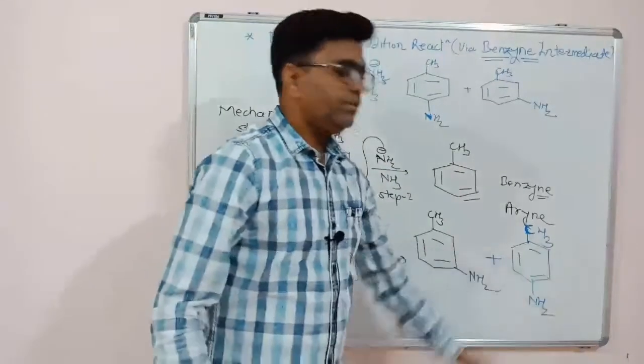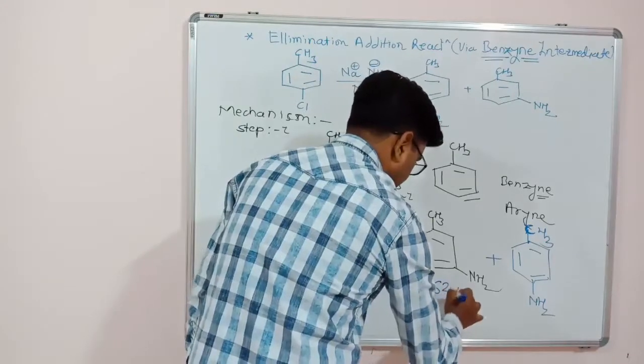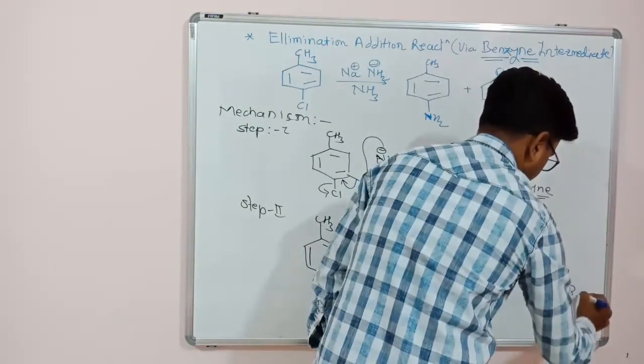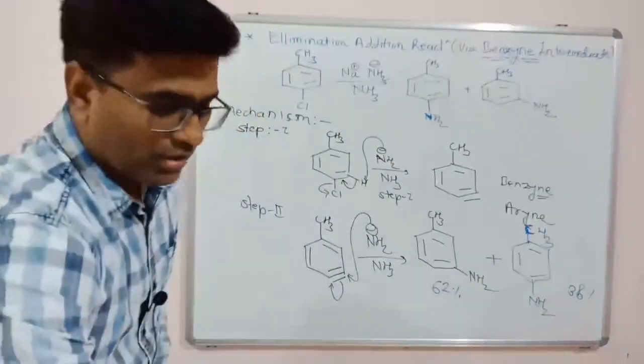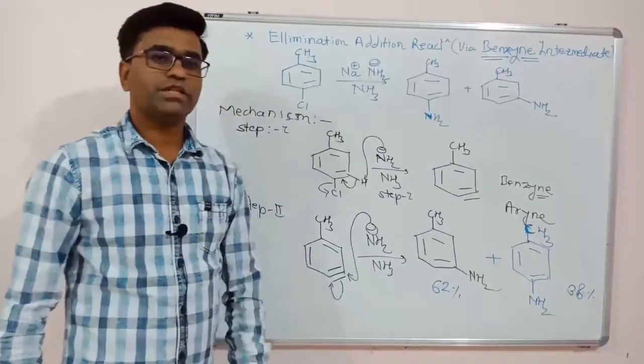So para amino toluene. This we will get as 62% as a meta product, and this we will get around 38%. So now we can guess which is the major product. So meta is the major product.